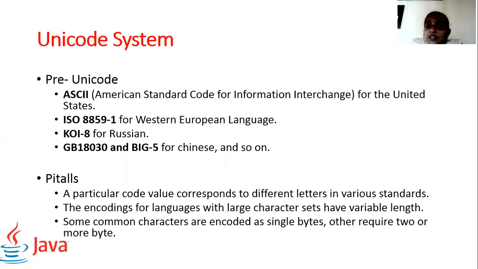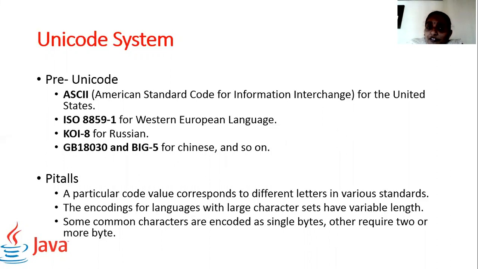Now let us see about the Unicode system. The Unicode system is an international language on which programming languages are designed. Before going into the Unicode system, let us talk about the pre-Unicode era. In the pre-Unicode era, we did have different kinds of standards, out of which the ASCII, ISO, KOI, GB, and Big5 were the major standards.